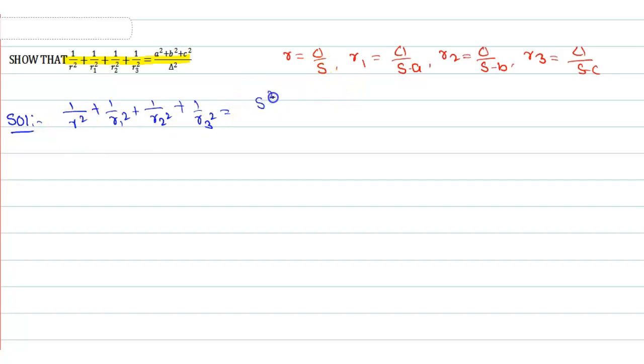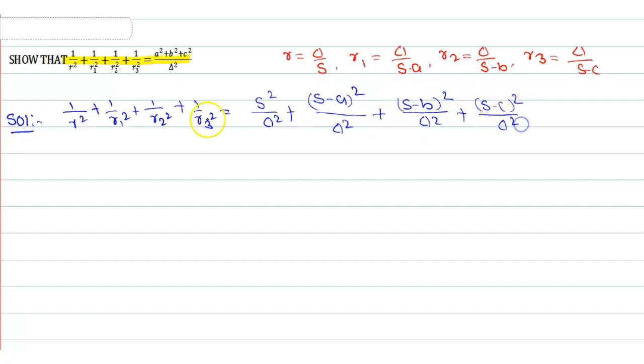So I am writing it as s² by delta² plus, for r1, delta by (s minus a), here reciprocal is there, so (s minus a) whole square by delta² plus (s minus b) whole square by delta², and the third one (s minus c) whole square by delta². In all the cases, delta² is the LCM.